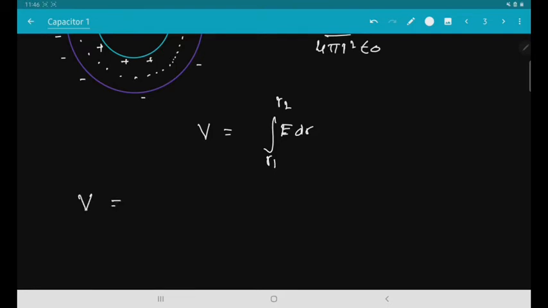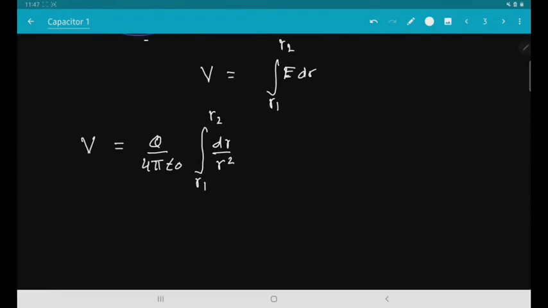We will have potential is equal to ∫E dr, which is q by 4πε₀. These are all constants, so I'll bring them outside. Inside the integration we will have dr by r² from r1 to r2.